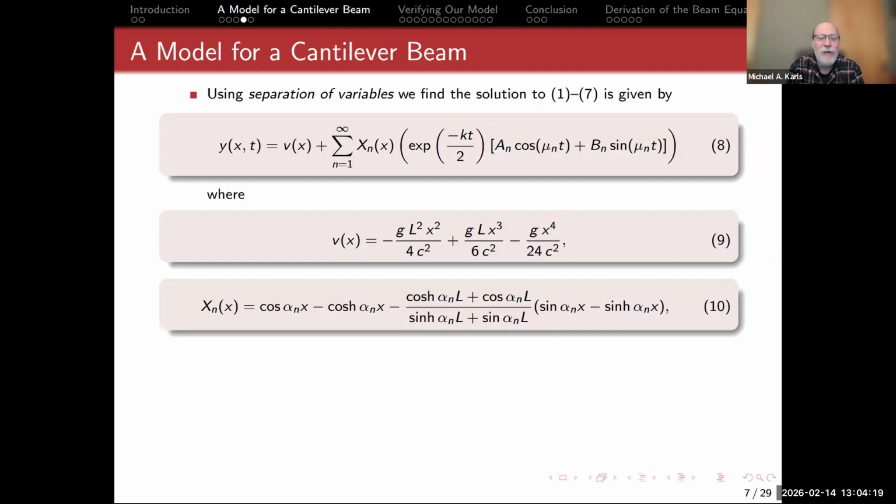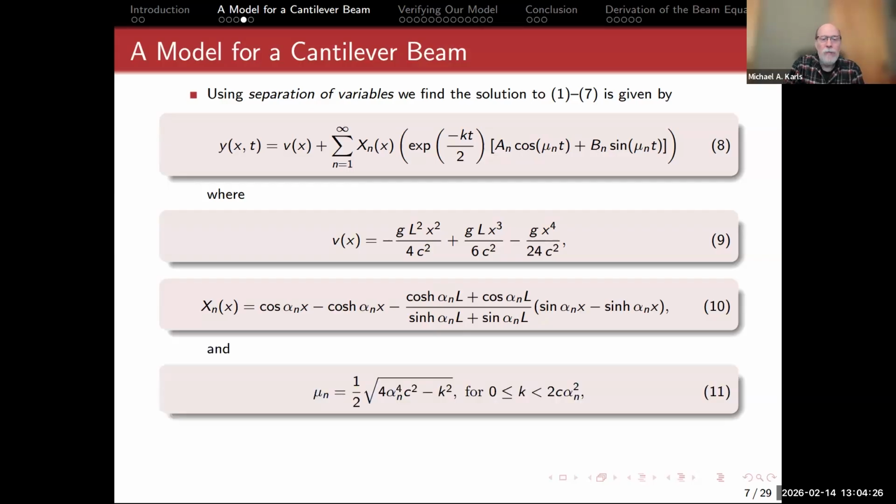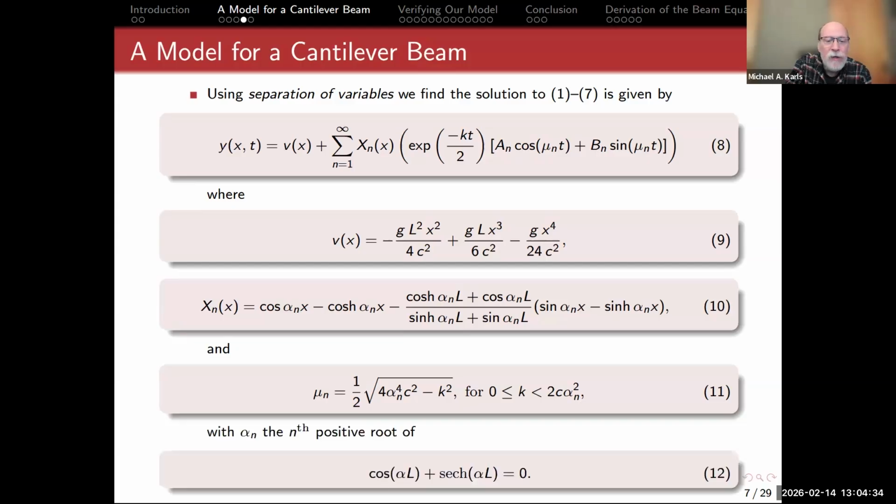They involve cosines, sines, hyperbolic cosines, and hyperbolic sines. And mu sub n, that coefficient there, is related to the constants c and k, and that alpha sub n in there is the nth positive root of this equation here, cosine of alpha L times hyperbolic cosine of alpha L plus 1 equals 0.